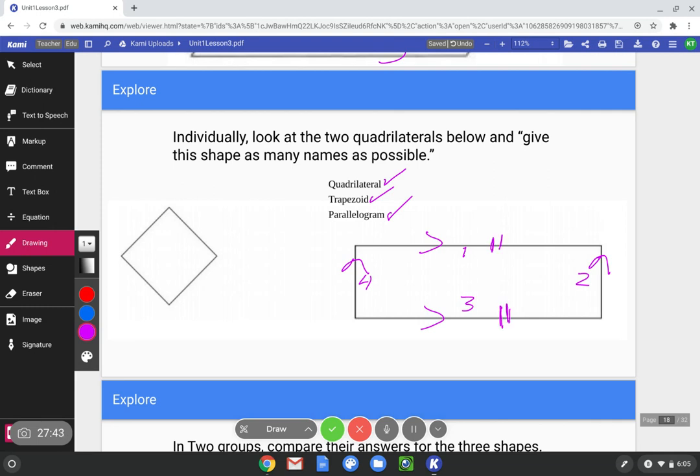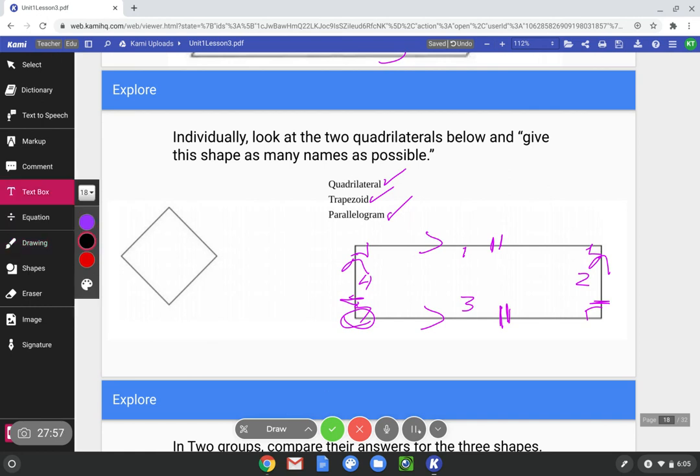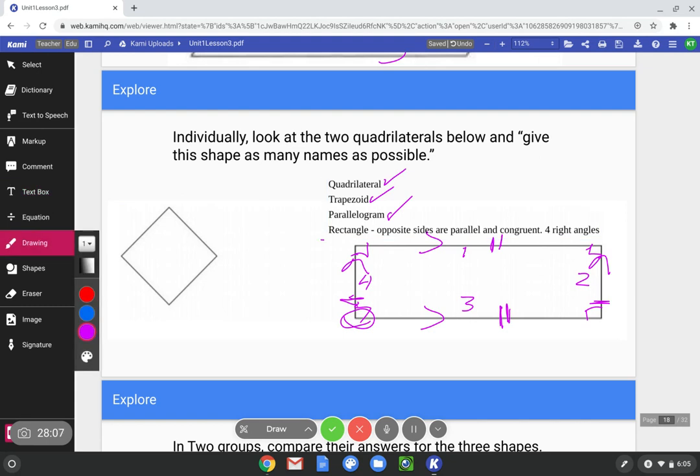Those are the same length, and those are the same length. And there are 4 right angles. So because opposite sides are parallel and congruent, plus the 4 right angles, we know it's a rectangle. A rectangle is the most specific name that we can get for this shape.